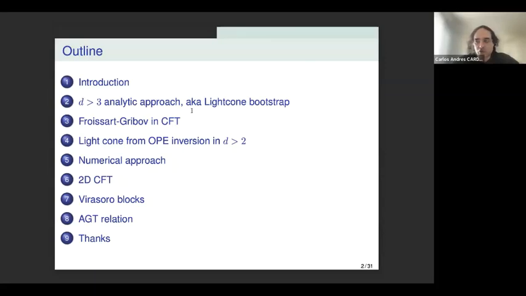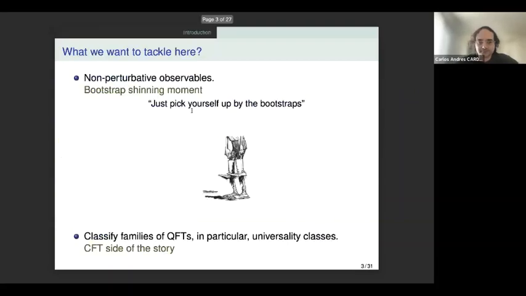And then I will show also how some numerical methods can be applied to this conformal bootstrap problem. And then I'm going to go down in dimension to 2 dimensions and discuss some challenges that are still present in the 2-dimensional case and end my talk.